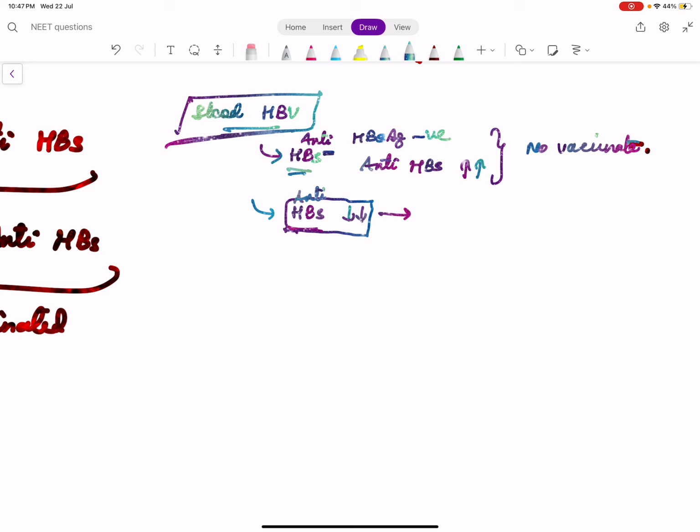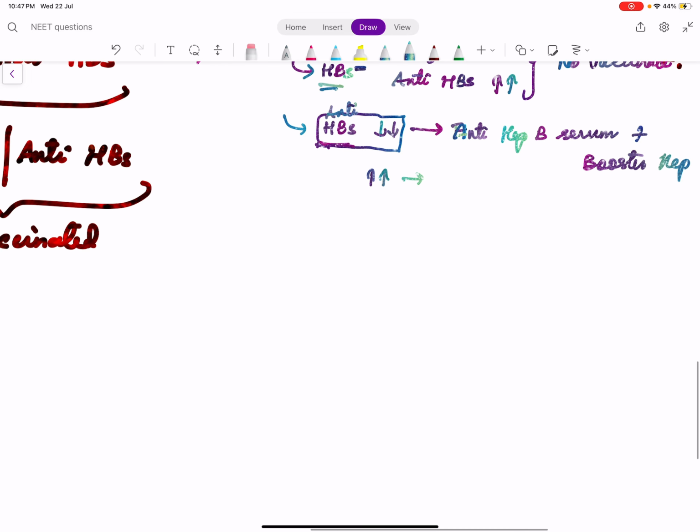So always, even though you are vaccinated, if you get a prick with the hepatitis B serum, do anti-HBs levels. If it is high, that's all, no need to do any special thing. If anti-HBs is low, you must take the anti-hepatitis B serum. After this, you have to get your booster dose of hepatitis B.